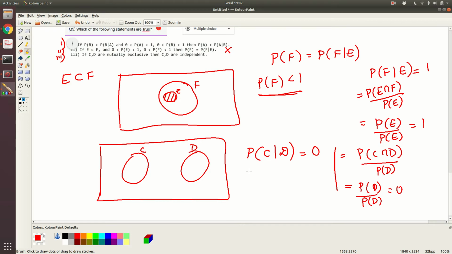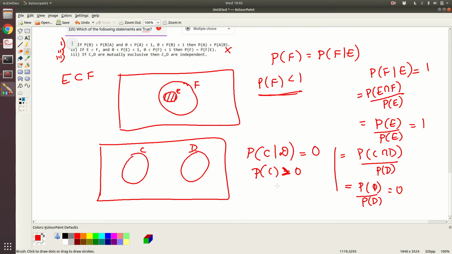We are also told that P of C is greater than 0. Okay, so this is not mentioned as part of the problem, but in general, whenever you are saying mutually exclusive, we are considering interesting sets which are not empty.